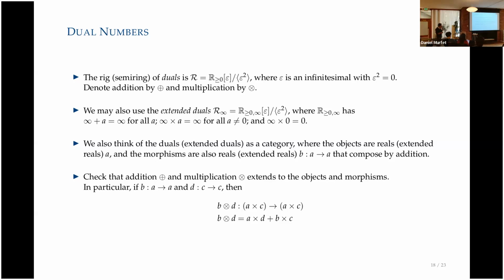So now you can check that this addition and multiplication for the duals extend into this category. We can do that for the objects and the morphisms, and it works out correctly.